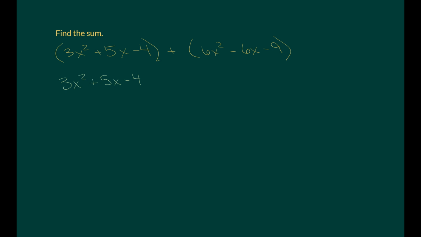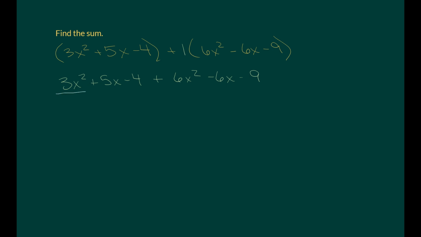So you're basically adding a trinomial with a trinomial, but you're really going to only combine like terms. So I can just put plus 6x squared minus 6x minus 9. Now, there's an assumed 1 right here that you would be multiplying everything by, which is why I'm writing it separately below it. Okay, so let's combine like terms.